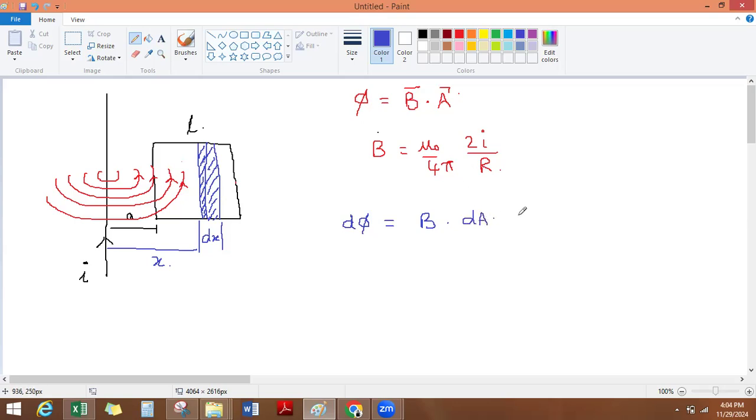Let's ignore the cos thing because it will be cos 0, because the area vector and the magnetic field will be at 0 degrees or 180 degrees. So let's take it as cos 0, so it will become 1.